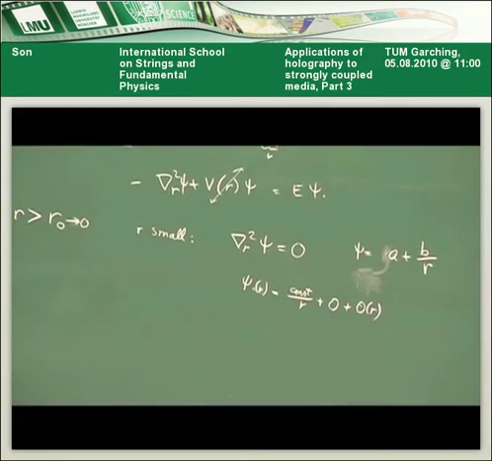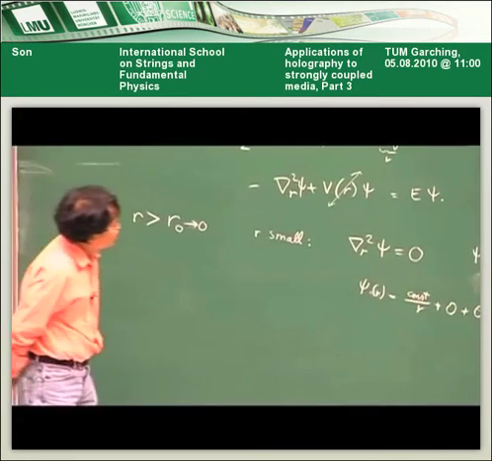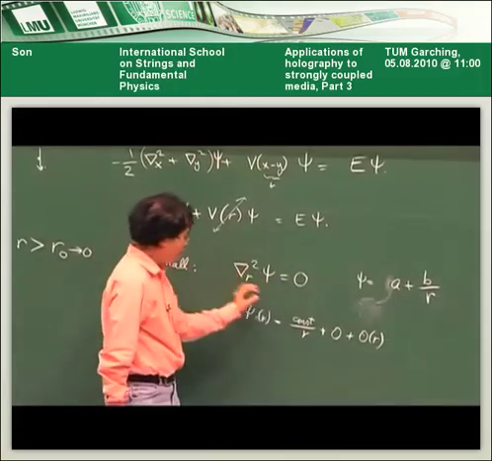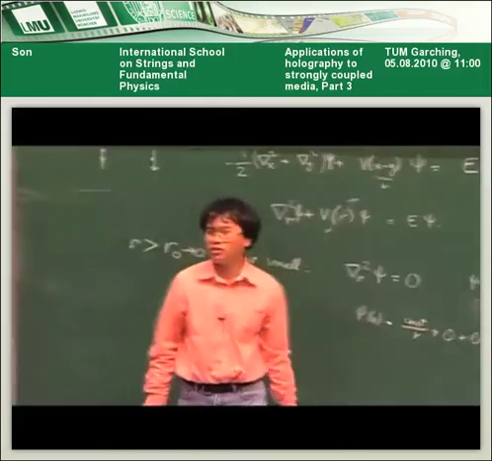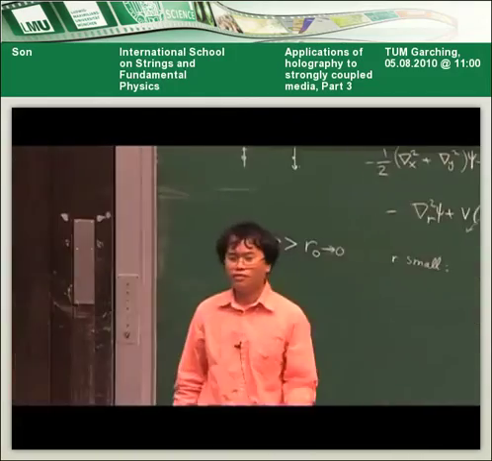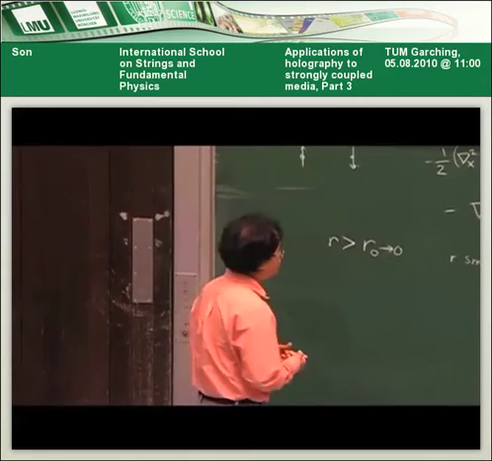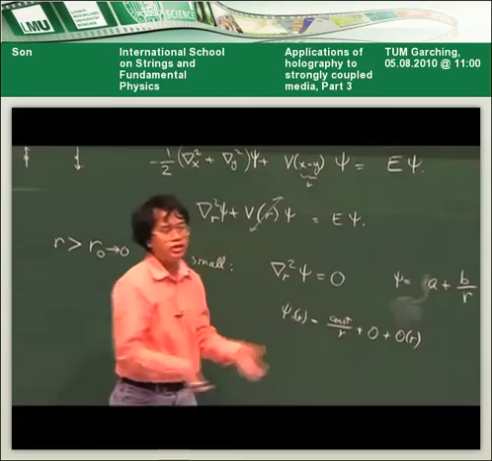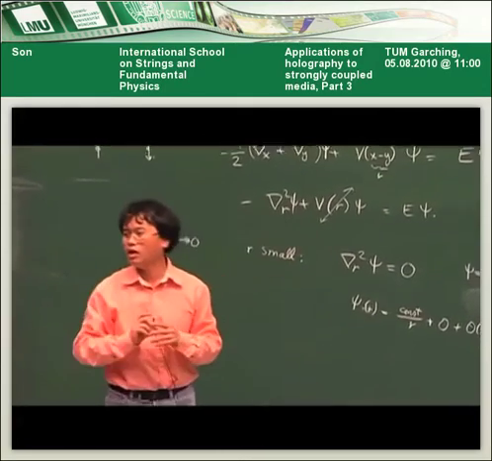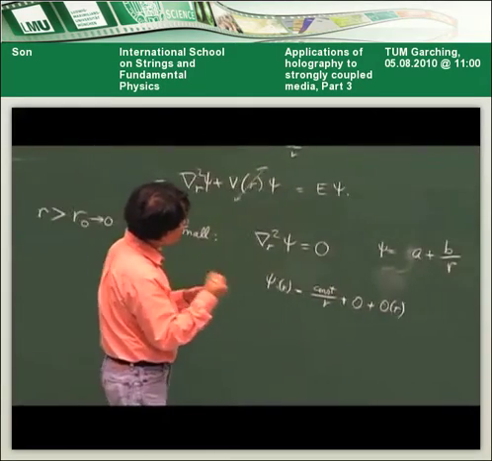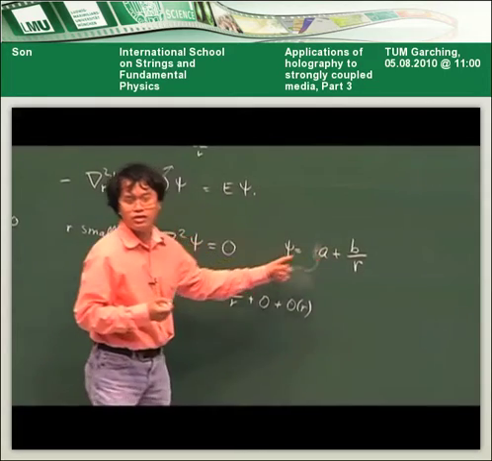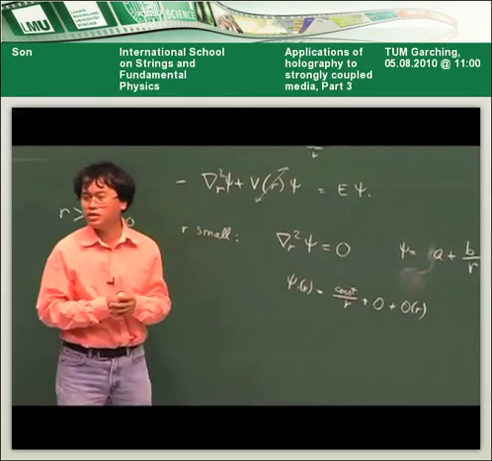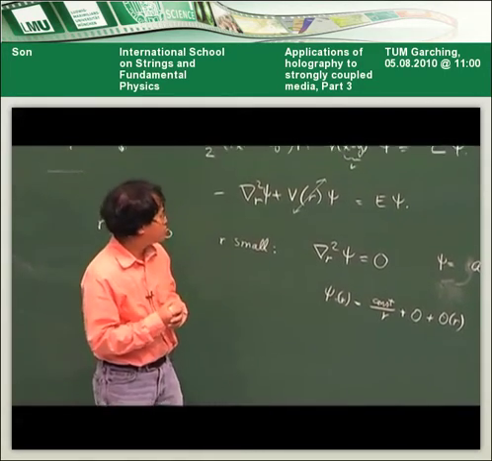Now let's think about that. We have a second order differential equation and there are two solutions. We can impose the boundary condition at infinity, that counts as one boundary condition. We have to impose another boundary condition at r equals 0 to completely specify the solution.